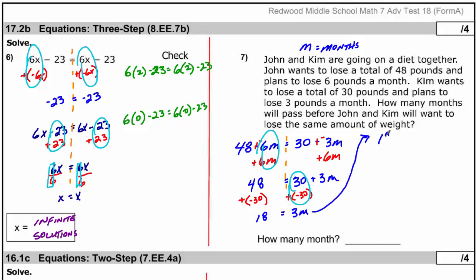Let's finish the problem right here. 18 equal to 3m. I'm going to divide that by 3, divide that by 3. Big 1 right there. And I'm going to have 6 is equal to m. 6 months. How many months? I guess I forgot the S when I typed, didn't I? So 6 months.